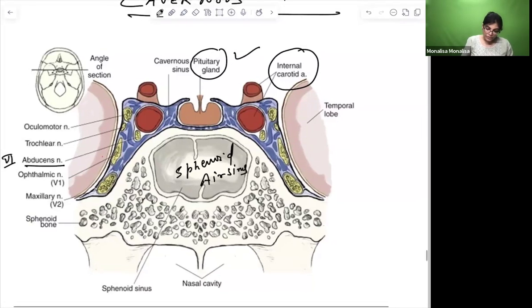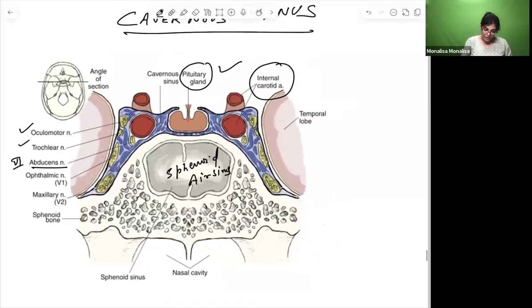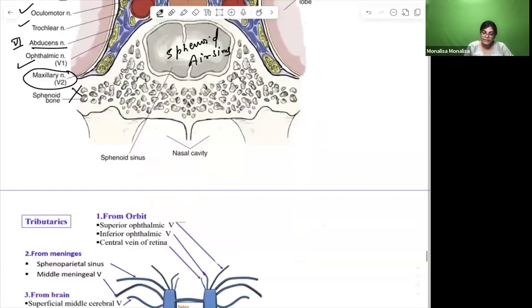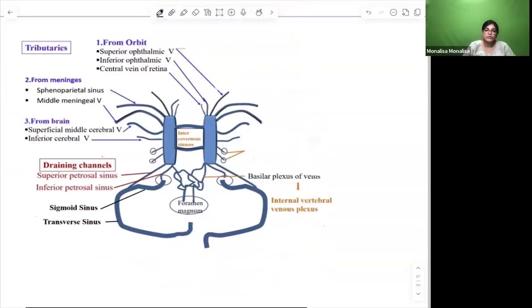In the lateral wall, we have the oculomotor, trochlear, and ophthalmic nerves. The maxillary nerve is now not considered; according to Gray's anatomy, it is not considered as a nerve related to the lateral aspect of the cavernous sinus.